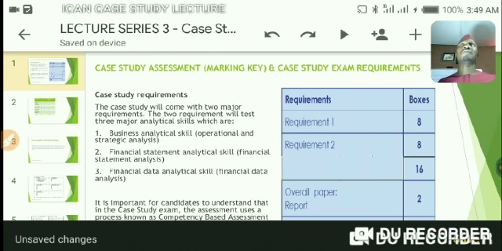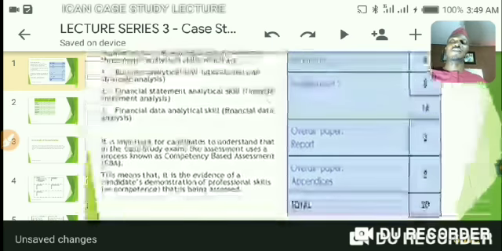That is where you number your pages, put a disclaimer on your work, the language you use, the format of your report, and all that. So you have two skill boxes that you have to demonstrate for you to score those marks.